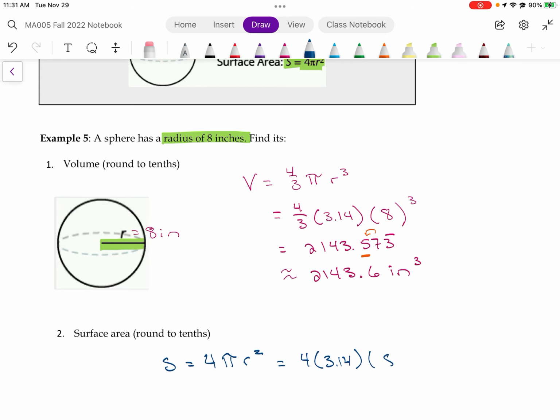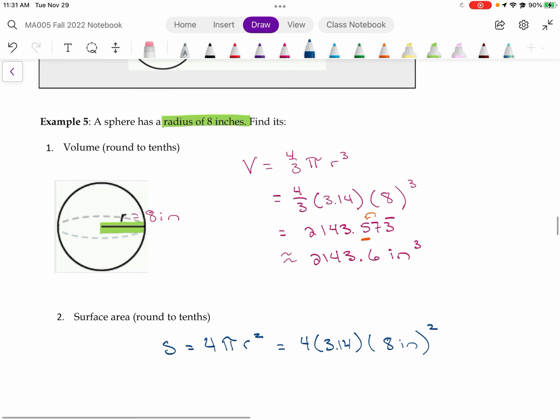And then we've got 8, and I'm just going to use the inches this time, 8 inches squared. All right, so when you put this in your calculator, you're going to get 803.84. We're supposed to round to the tenths, which is this one right here. So that's going to be 803.8, and the unit is measured in inches, and since it's a surface area, it is squared.